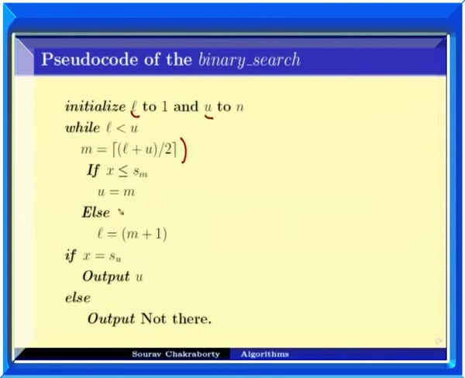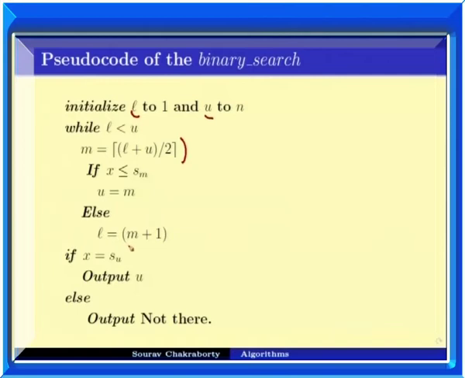Else, x is strictly greater than S m. In that case, x cannot be S m, or S m minus 1, or anything on the left side of S m. We can increase the lower boundary from L to m plus 1.